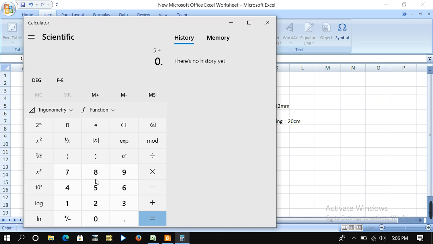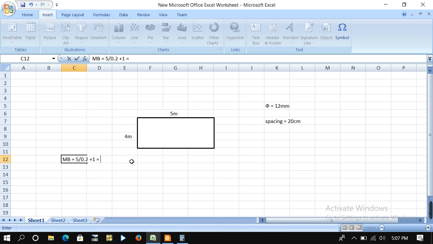So 25 plus 1 is 26. So here we have 26 bars in the shorter direction. That's called the main bar.